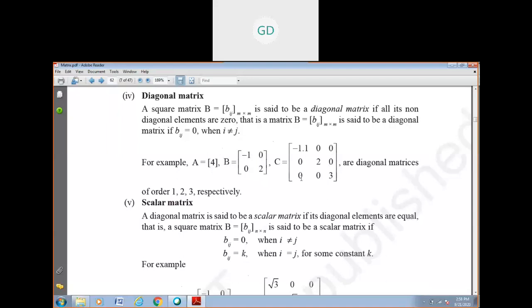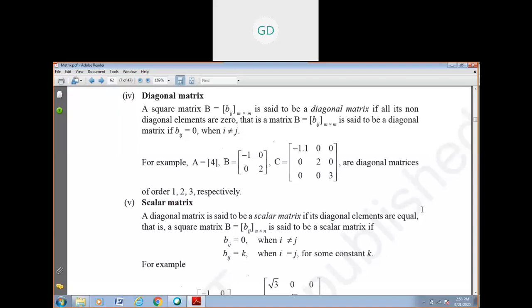So basically, to have a diagonal matrix, we must have the non-diagonal elements of a square matrix be 0.